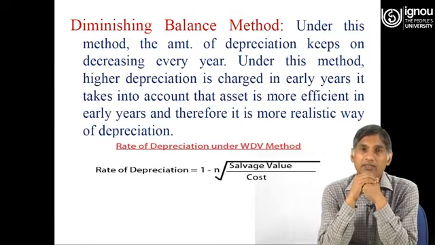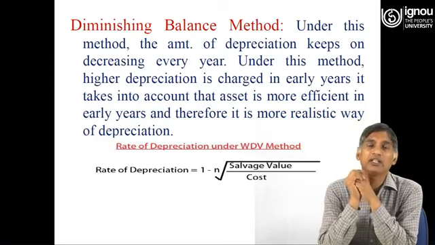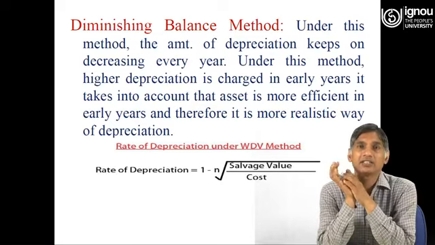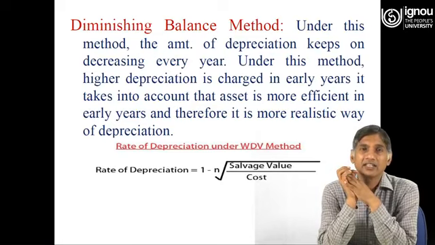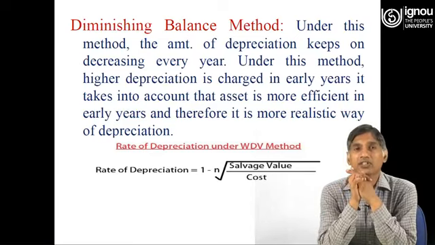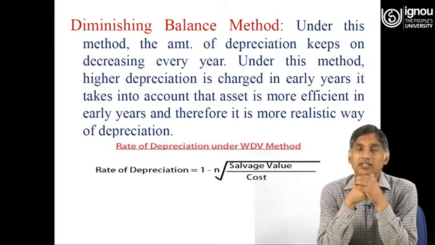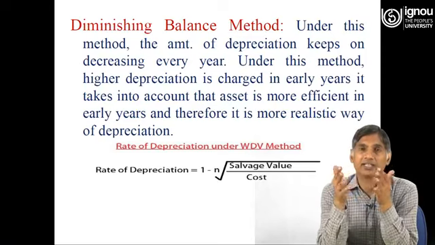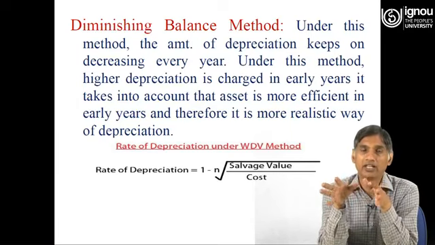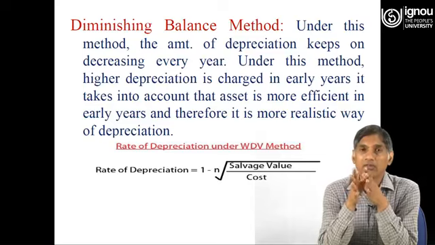Diminishing balance method. So under this method, the amount of depreciation keeps on decreasing every year. So under this method, higher depreciation is charged in the early years. It takes into account that the asset is more efficient in early years, and therefore it is a more realistic way of depreciation, because in the earlier years when the asset is more efficient, the amount of repairs is very less and the amount of depreciation will be more.